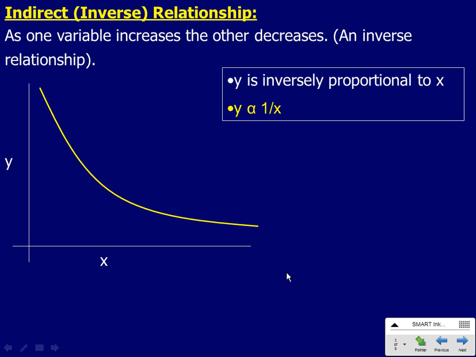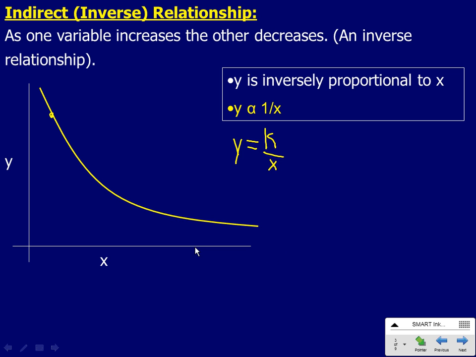All right? I can go from this proportional statement to an equation, just like I did on the last slide. I can say that y is equal to some constant divided by x. So I just put a constant in, just like I did before, but now x is on the bottom.